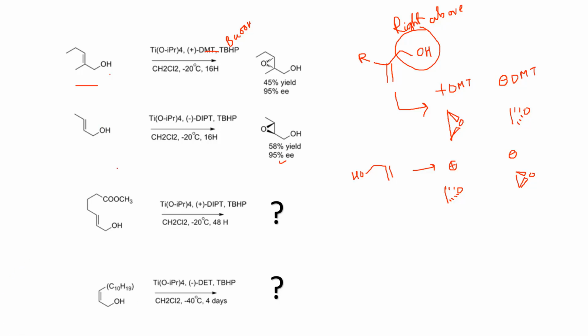So suppose this product has been given, okay, and they have given this positive diisopropyl tartarate, and other conditions are the same. They have given TBHP, that means this tertiary butyl hydrogen peroxide, and they have given this titanium isopropoxide.